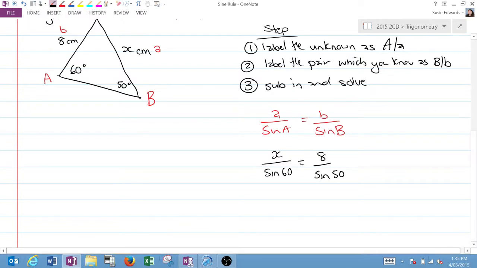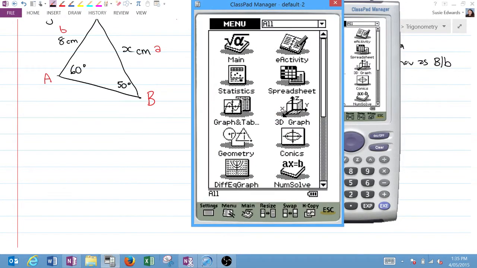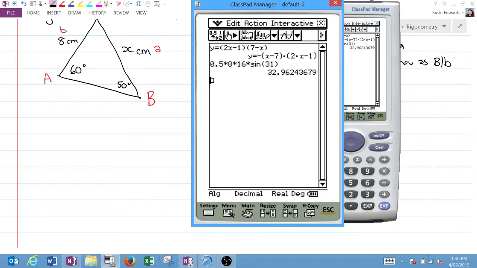However, once you're here, you can solve this in your calculator. So once you're at this point, in your calculator, let's open it up for a sec. In your calculator, just in main even, okay?